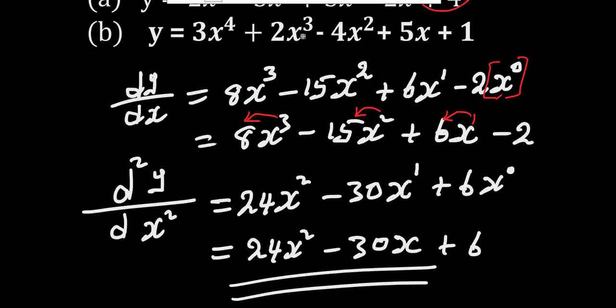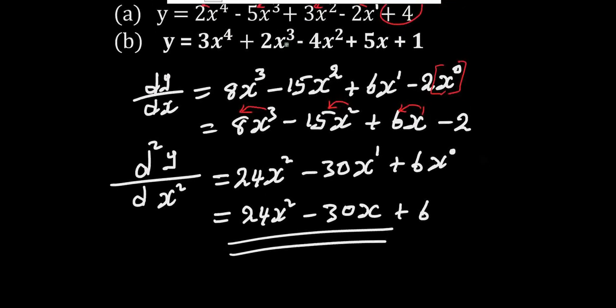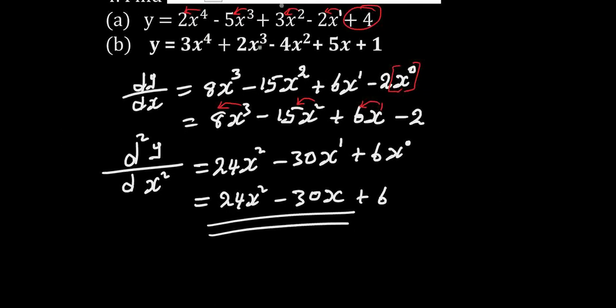All right, so let's take question B. Question B, we can just write that as dy/dx, taking the first derivative. So 4 times 3, that is 12. So we have 12x, reduce 4 by 1, so that will give you 3.